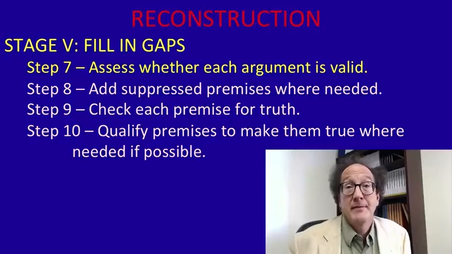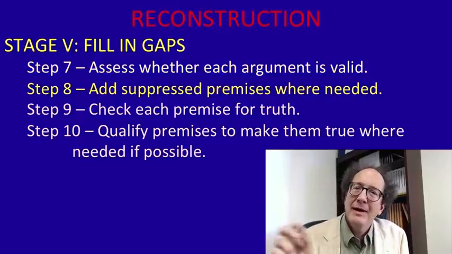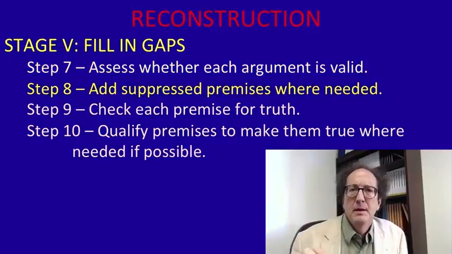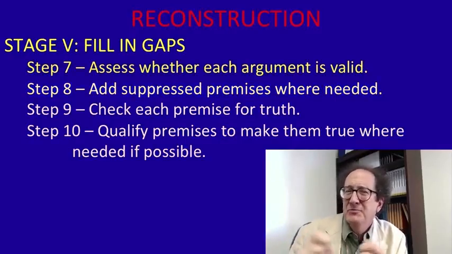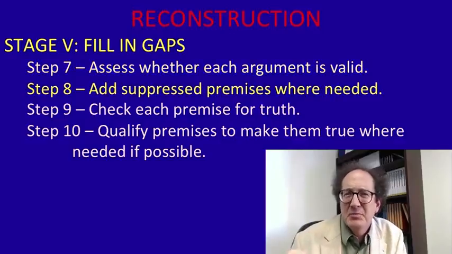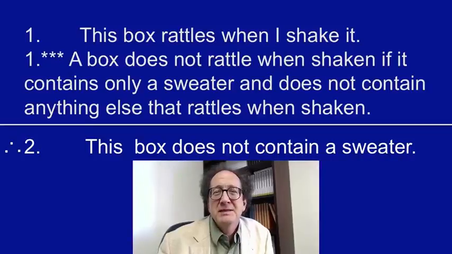Well, if the argument's not valid, we've got to go back to that other step and add another suppressed premise. Remember how I told you that these different steps within this stage work in tandem? You've got to check it for validity, add a suppressed premise, recheck it for validity, maybe add another suppressed premise, and that's what we're doing now. So what kind of suppressed premise can we add? Well, we could add, my wife's not a trickster.